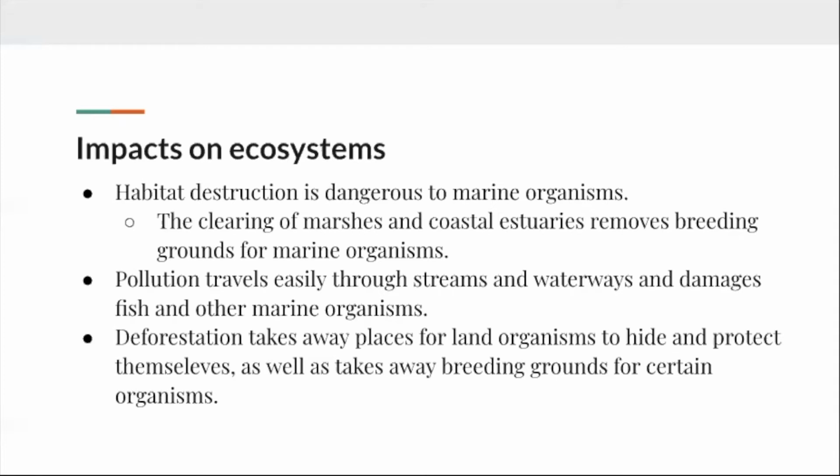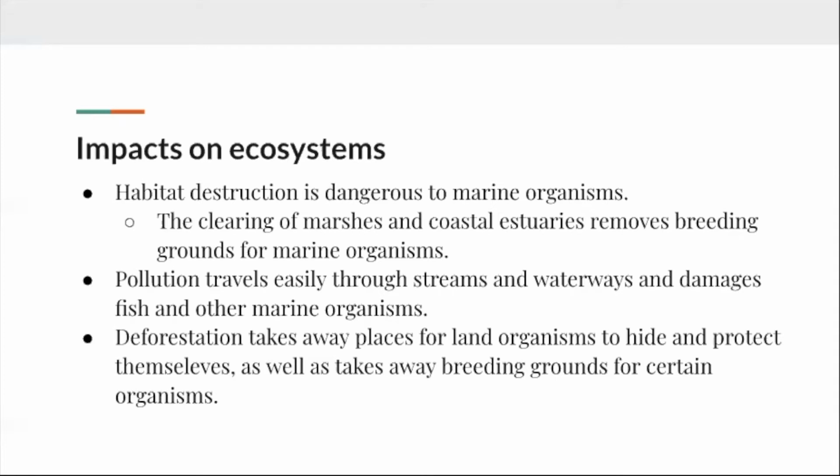In addition to this, pollution can travel easily through streams and waterways, and it damages fish and other marine organisms. And the importance of this is that pollution traveling down a stream doesn't only affect the organisms in the stream that it is in. It also can affect organisms where the stream lets out.